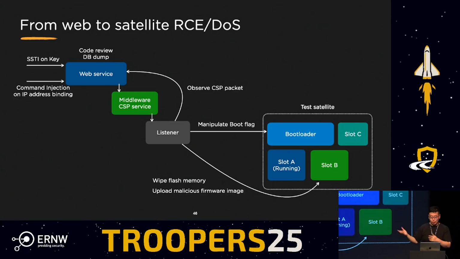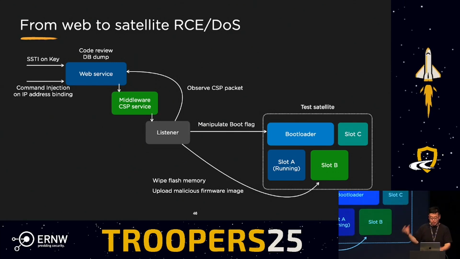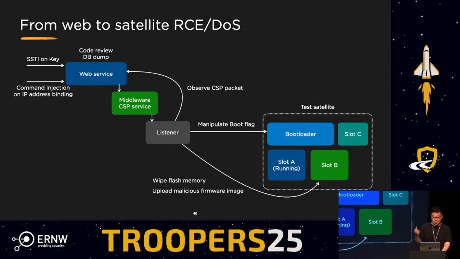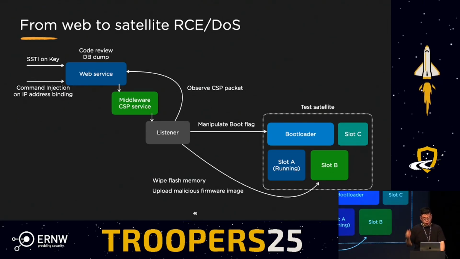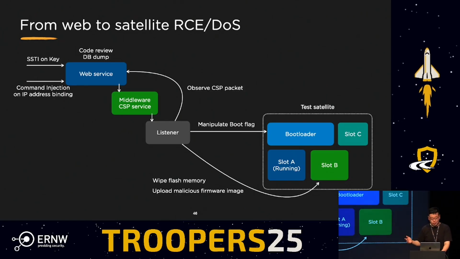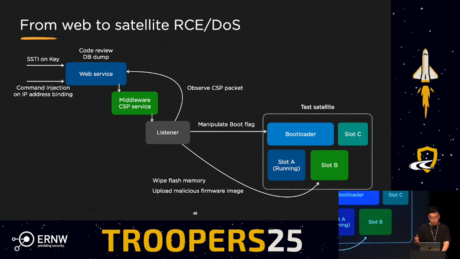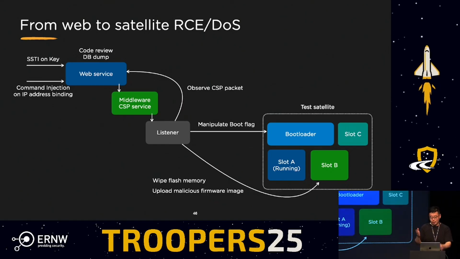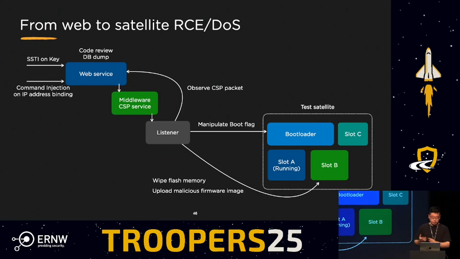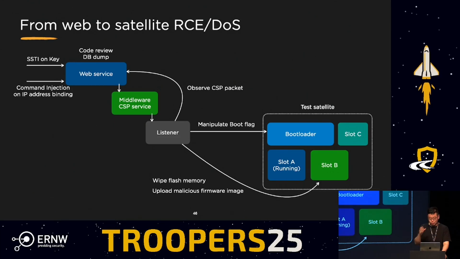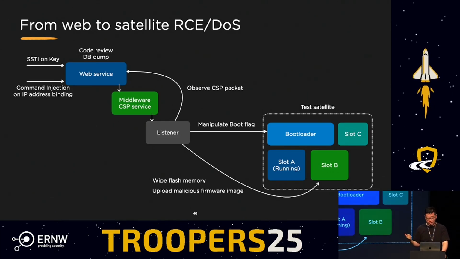After the code review and database dump, we can observe the CSP listener to observe CSP traffic, and then analyze what kind of information is hard-coded in the middleware and CSP service, which can lead to boot loading process manipulation, and also updating malicious firmware, and then switching the boot loading process to a certain slot.